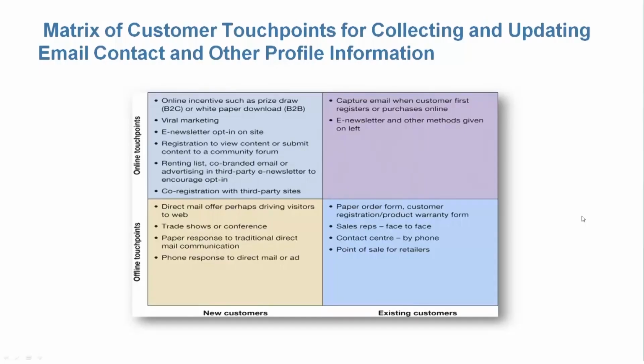Now, compared to this, if you look at existing customers in online touch points, you can capture email when the customer registers first for service requirements or when a first purchase happens, and those contacts can then be used with the customer's permission for sending e-newsletters, product updates, upsell, and cross-sell information more effectively. So, these are various comparisons, offline touch points and online touch points for both new customers and existing customers.